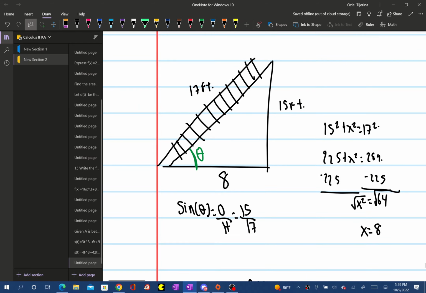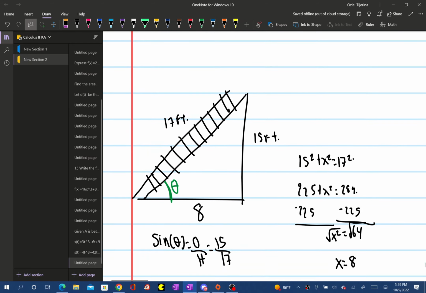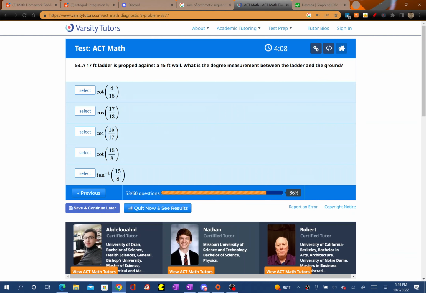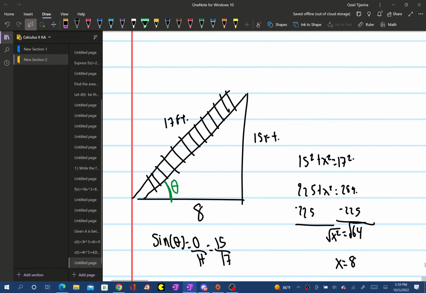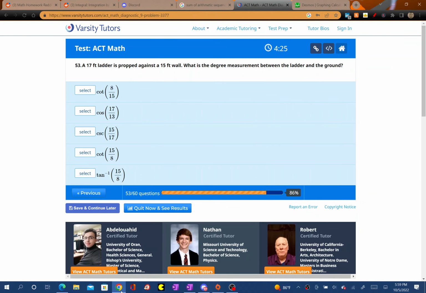And what is the degree measurement between the ladder and the ground? Opposite over hypotenuse. Sine theta is 15 over 17.